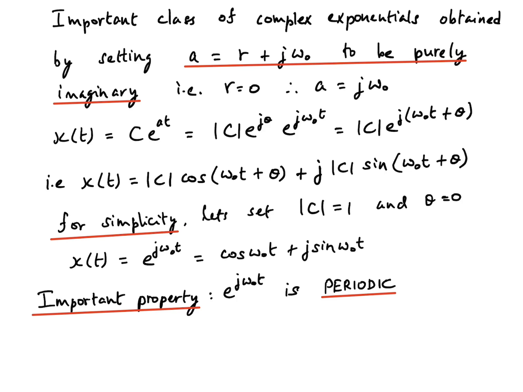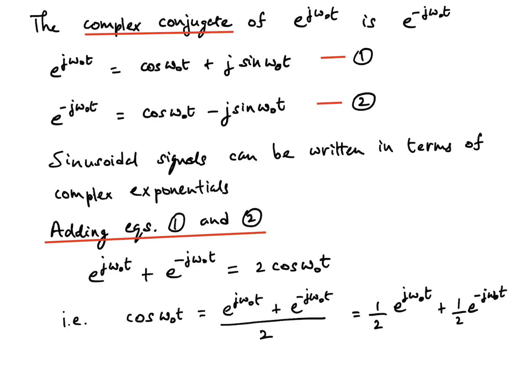So you need to know how to represent the cosine and sine, because cosine is a real signal, the sine is also a real signal, but this real signal is in the imaginary part of the complex signal. So we want to see how we can represent these real signals in terms of the complex signal e power j omega naught t. For that, we'll bring up the concept of complex conjugate. And again, that is something you should be familiar with from your background of complex numbers.